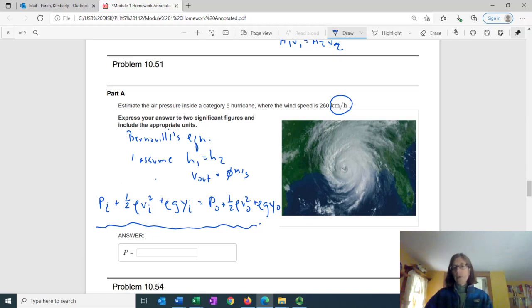If we assume that the height from the inside to the outside of this is the same, then this potential energy due to the mass is going to cancel out. And then if we assume that the velocity on the outside edge is equal to 0, this whole term is going to cancel out. And so you can use this to estimate the pressure that's inside that hurricane. You know its initial velocity, and you know the outside pressure, assume that's 1 atmosphere.